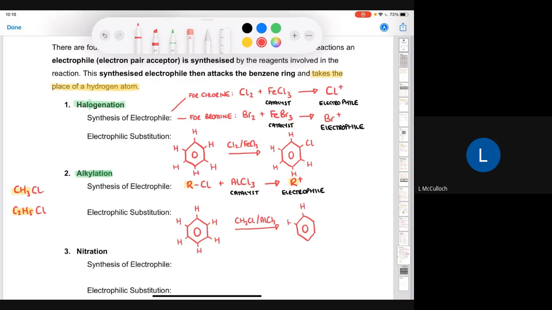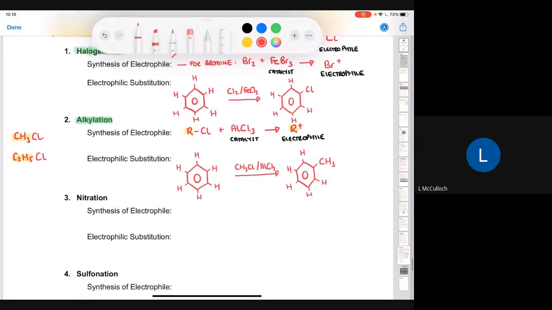Again, substitute it for any of the hydrogens you like. I'm going to substitute it for that one there.